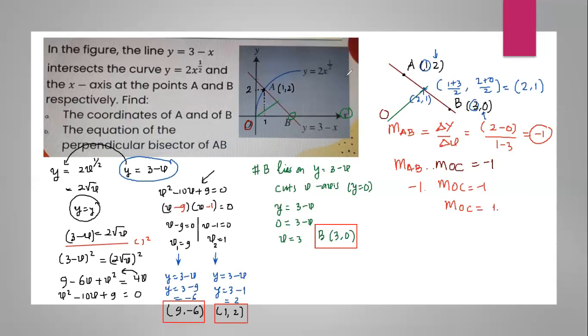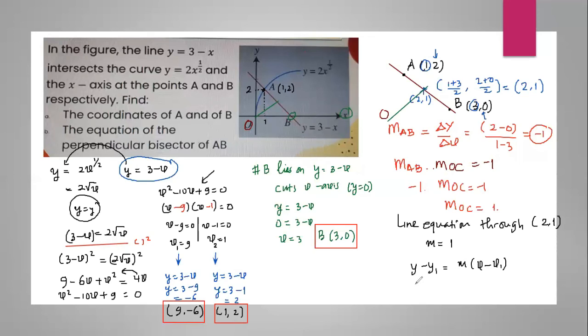Now is the line equation through 2 comma 1, and the gradient is 1. Okay, y minus y1 equals m times x minus x1.